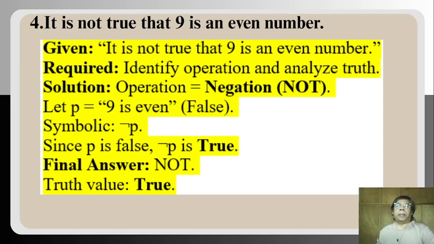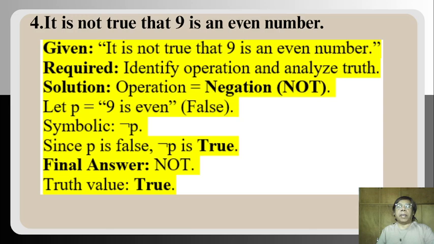Number 4. It is not true that 9 is an even number. Given: it is not true that 9 is an even number. Required: identify the operation and analyze the truth value. Our solution: the operation is negation, not.